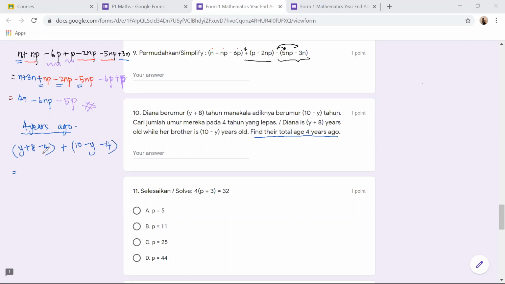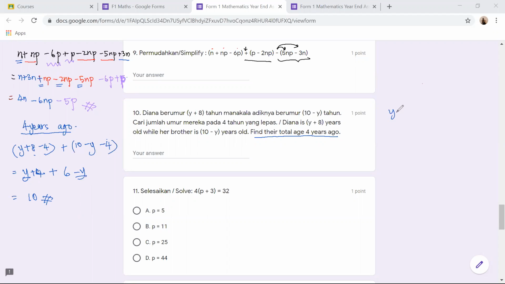Okay, don't forget the numbers, you minus first. So y plus 8 minus 4 is y plus 4, and then this one, 10 minus 4 is 6, 6 minus y. And then group the like terms together. You see y minus y, no more y, left with 10. So the total age 4 years ago is 10.